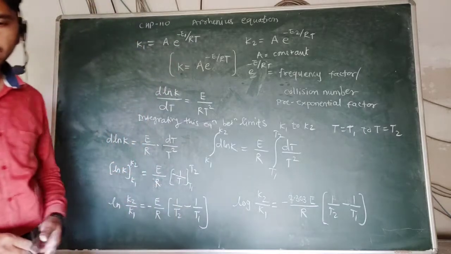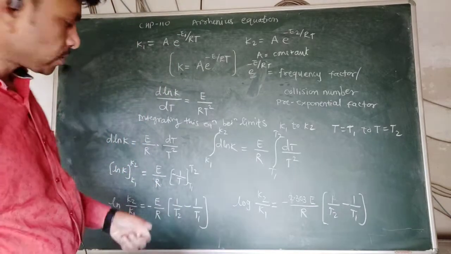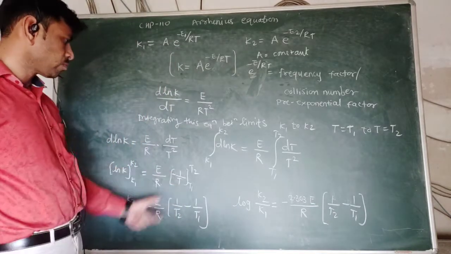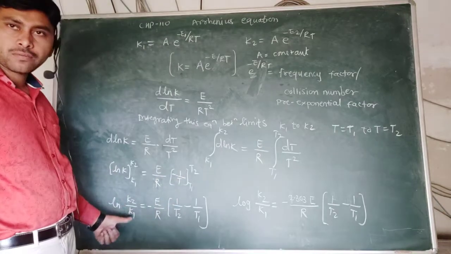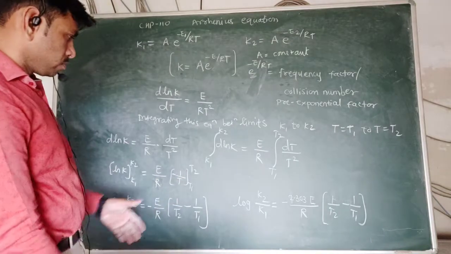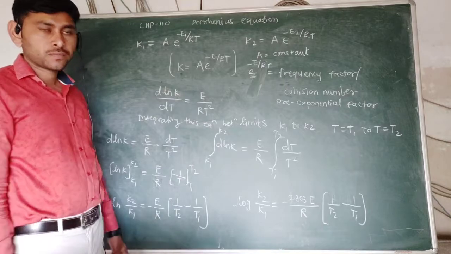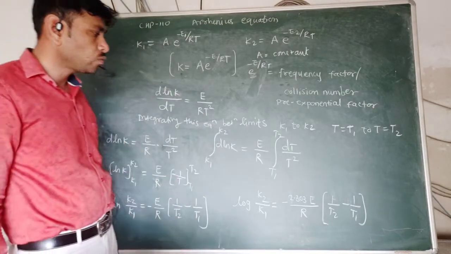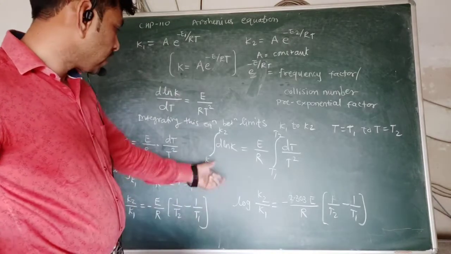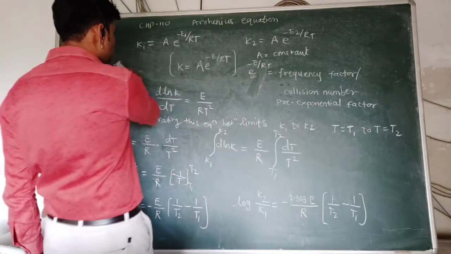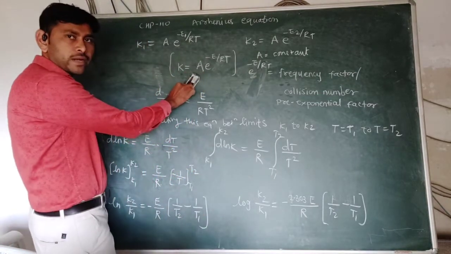So this is another form where we can write the Arrhenius equation when the velocity constants at two temperatures are determined.